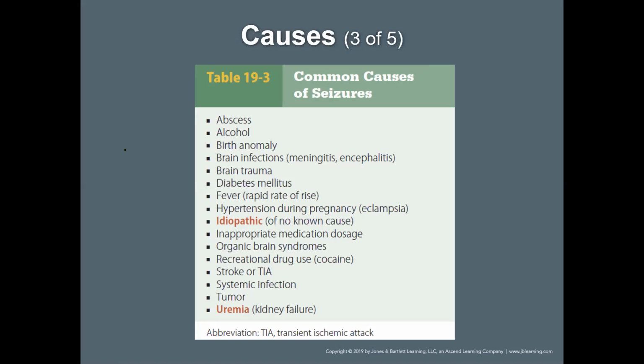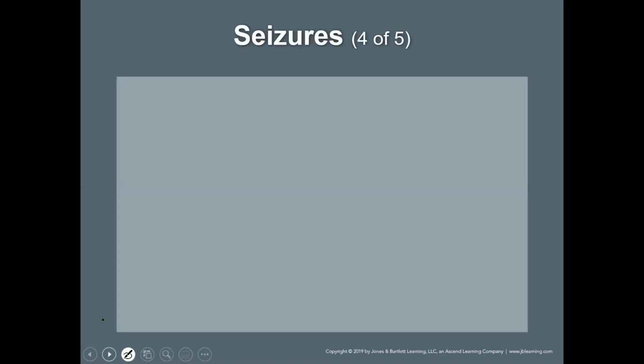So if those are failing, we're going to have toxins build up. Okay. Let's see. Epilepsy is kind of almost a propensity to have seizures. Okay, I think I've said all I need to say on that one.